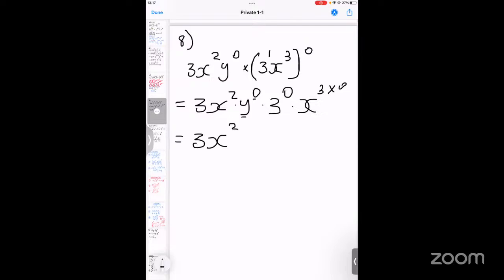It's nothing. So in maths, nothing is 0. Then this one is not nothing, but it is 1. You remember when we said anything to the exponent 0 is 1?